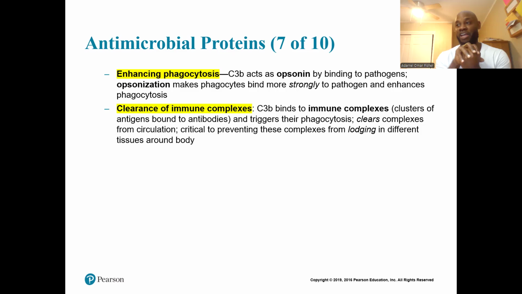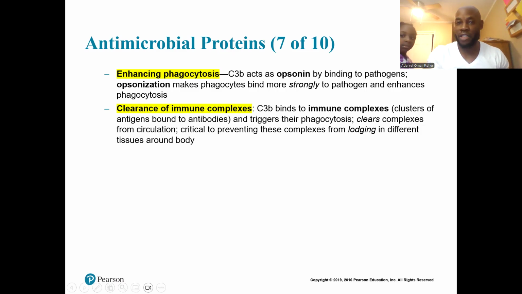Remember, the macrophages operate by phagocytosis. So the complement protein can make it easier for the other cells to come and destroy this cell by phagocytosis. Remember, the macrophages can bring it in by phagocytosis and then use harmful chemicals like hydrochloric acid to destroy it.